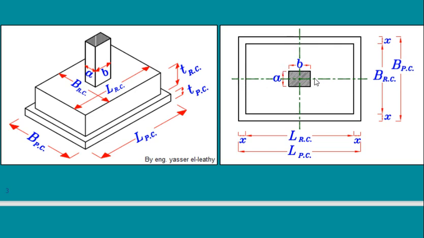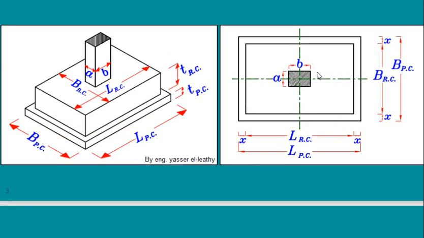If this cantilever is longer, it will be critical, and I will have to design the footing based on this direction, so I will get a thicker footing. So to get the minimum thickness of footing, take this cantilever equal to this cantilever. In this case, you are on the safe side.